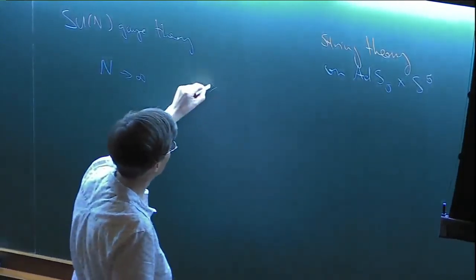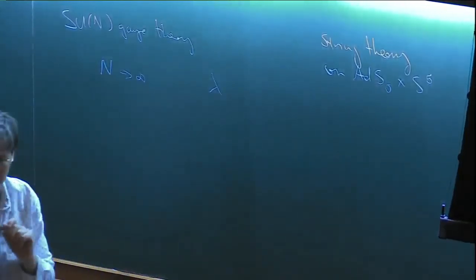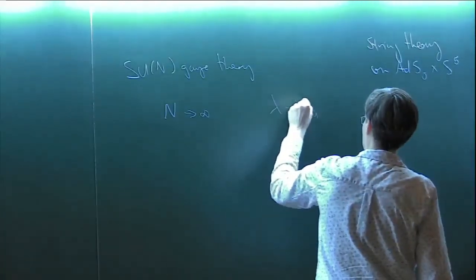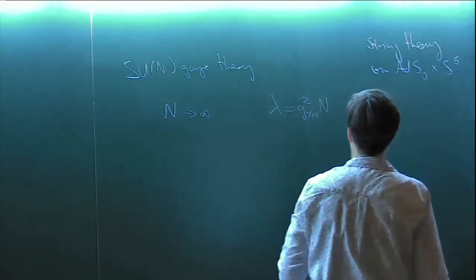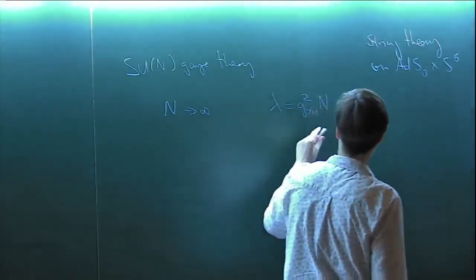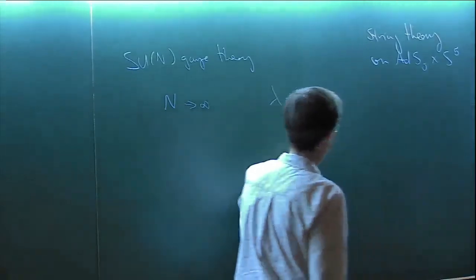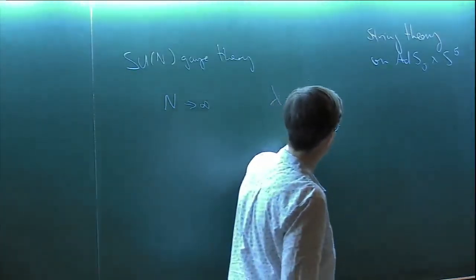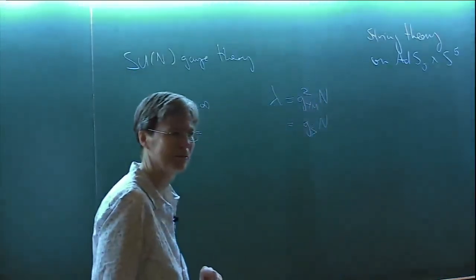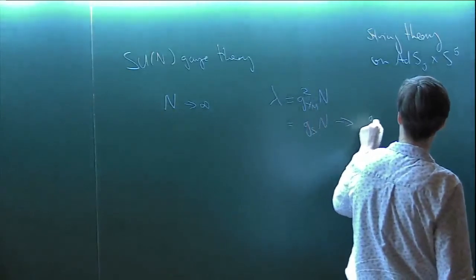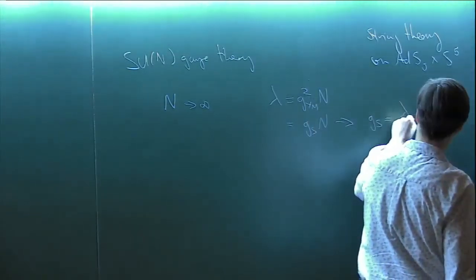Now, as you correctly say, I'm going to define the 't-Hooft coupling, which is essentially the Yang-Mills coupling squared times N. But I also know that the Yang-Mills coupling squared is equal to the coupling of the string theory times N. So obviously, by elementary calculation, it means that g_s is lambda divided by N.